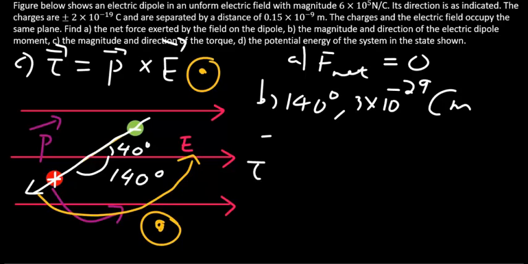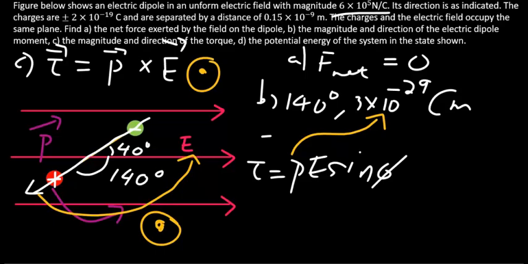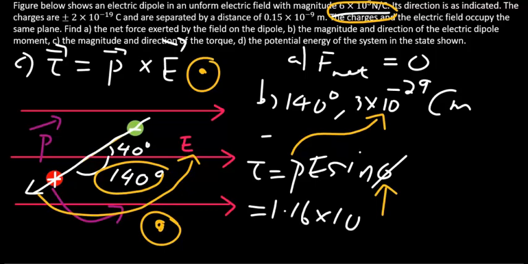The magnitude of it is given by PE times sine phi. The electric dipole moment is that number, the electric field is given by that number, and this angle between P and E is 140 degrees. Substituting everything, you get the following answer: 1.16 times 10 to the power minus 23 Newton meter.